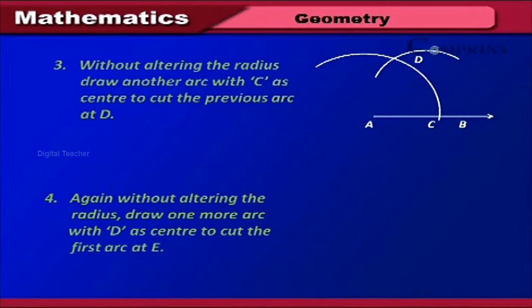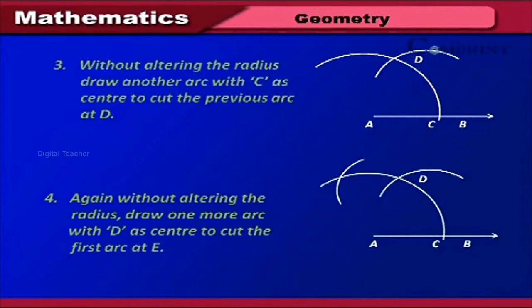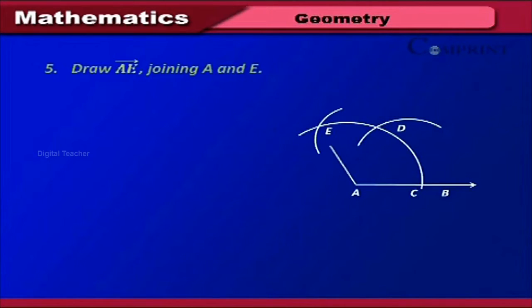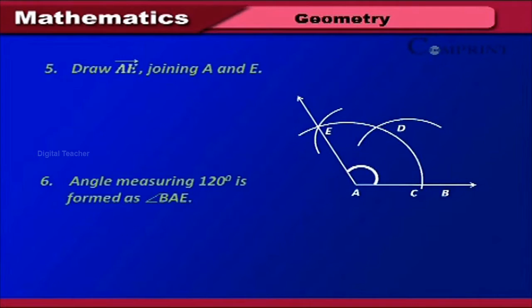Again, without altering the radius, draw one more arc with D as center to cut the first arc at E. 5. Draw AE bar joining A and E. 6. Angle measuring 120 degrees is formed as angle BAE.